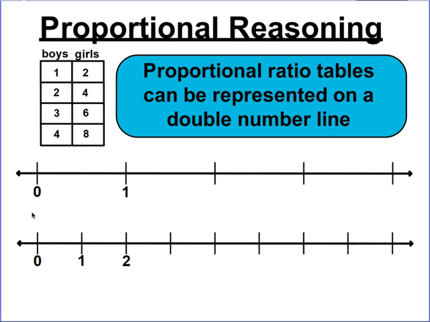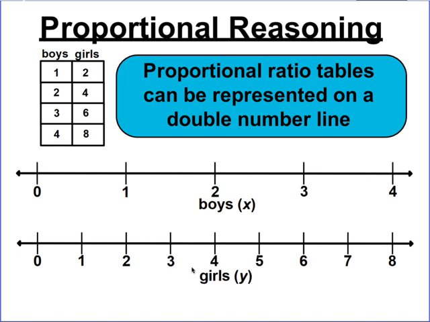If I start at 0 on both of them, I'm going to number the boys by 1s and the girls by 1s. And what you'll notice is that the original ratio 1 to 2 is where those two numbers line up. So the number of boys, 1, lines up with 2 girls. I'm going to finish filling in the boys number line and label it. And I'm going to finish filling in the girls number line and labeling it.